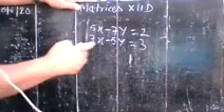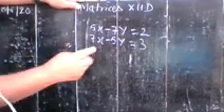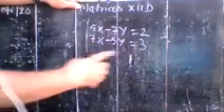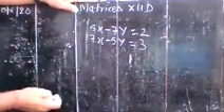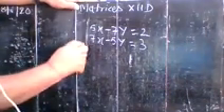So what you do, you write in this way. First you represent the given system in the form of a matrix. That can be written as the matrix 5, minus 7, 7, minus 5 into the column matrix x, y is equal to 2, 3.